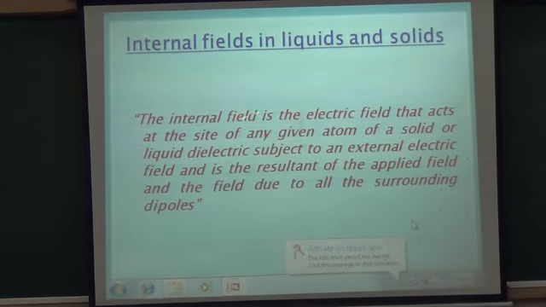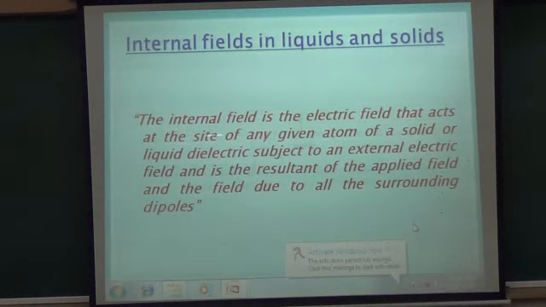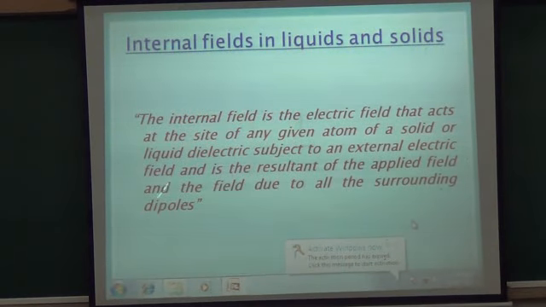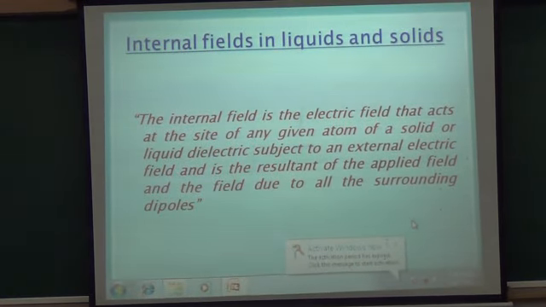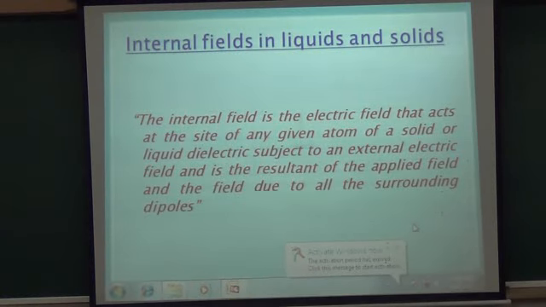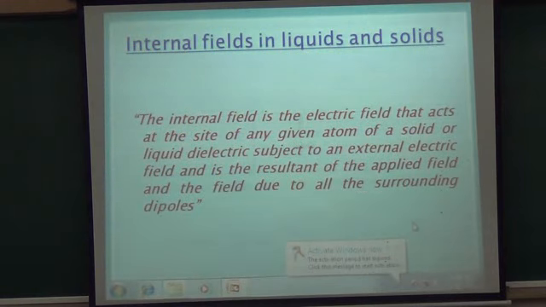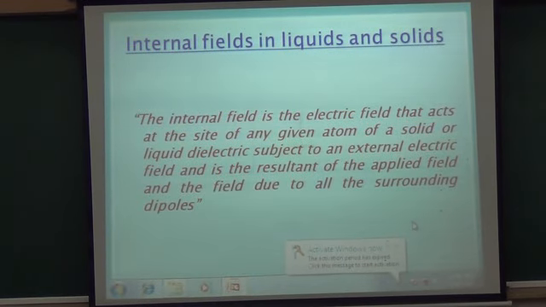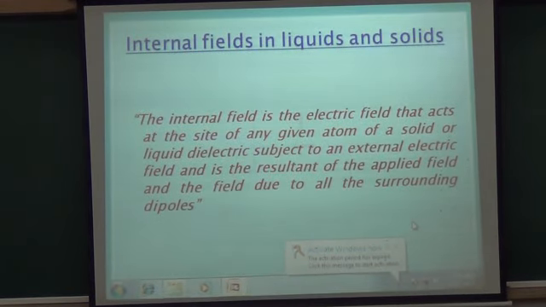When I am talking of the electrical field at a point in a dielectric, I have to consider both the external electrical field as well as the induced field because of polarization. So these two fields will play the role, and that is my actual electrical field.